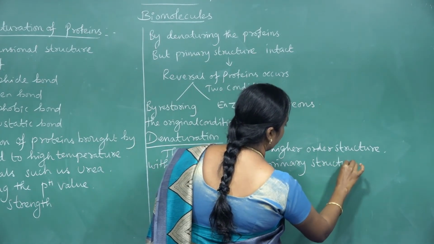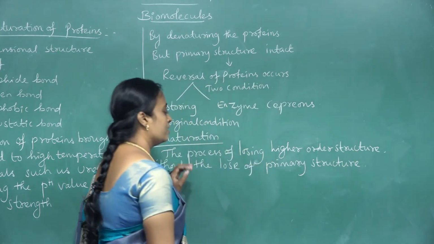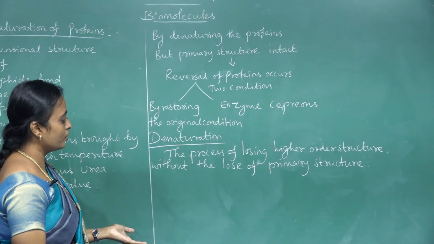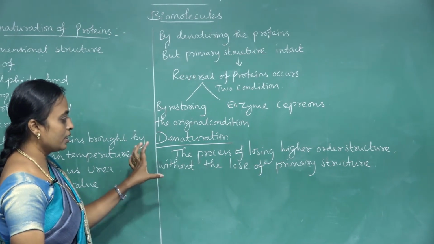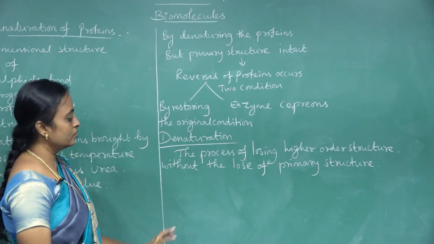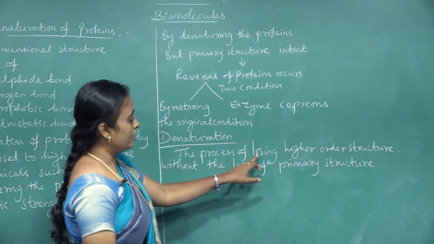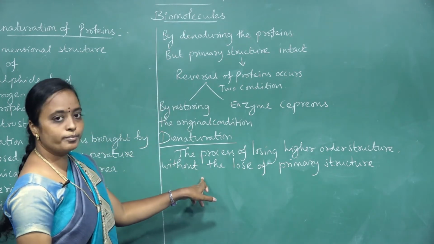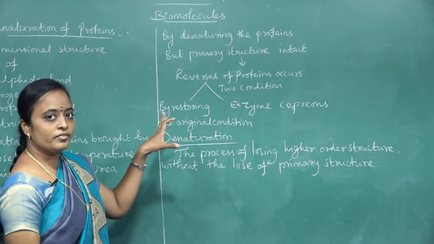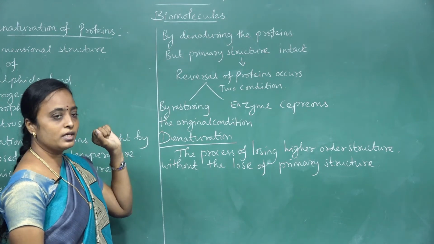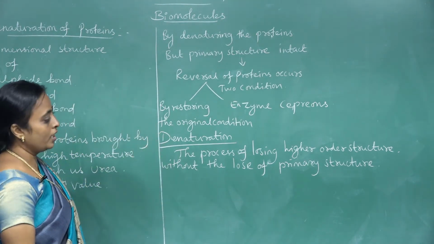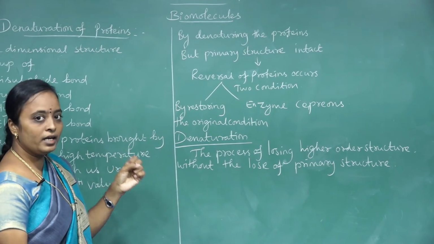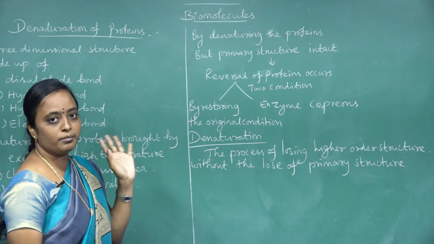In denaturation, the primary structure remains as it is. So the process of losing higher order structure without the loss of primary structure is the definition for the denaturation of a protein. And while you denature the protein, its biological functions also can be lost.